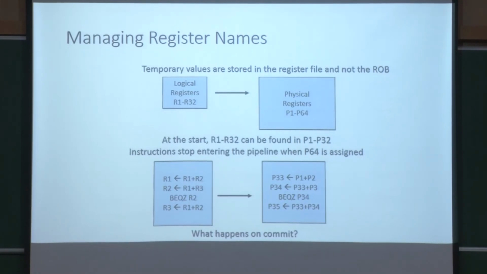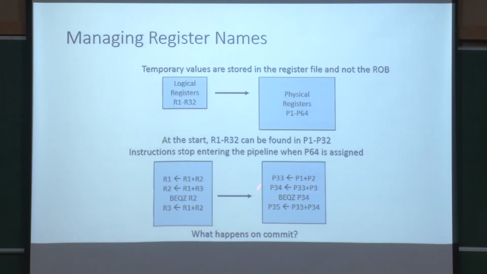So essentially I have gone from two sets of register files into one single unified register file, and now I'm maintaining a level of indirection which tells me where the most recent value of any R register is located, right?